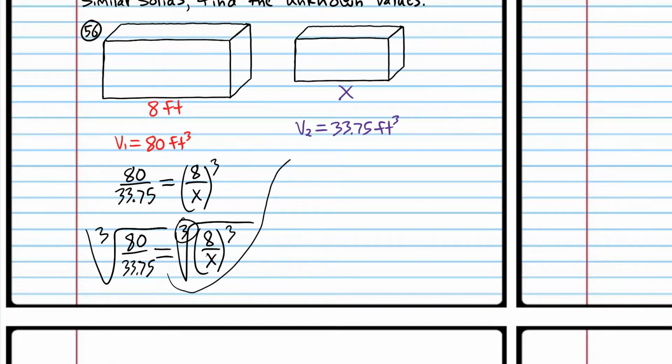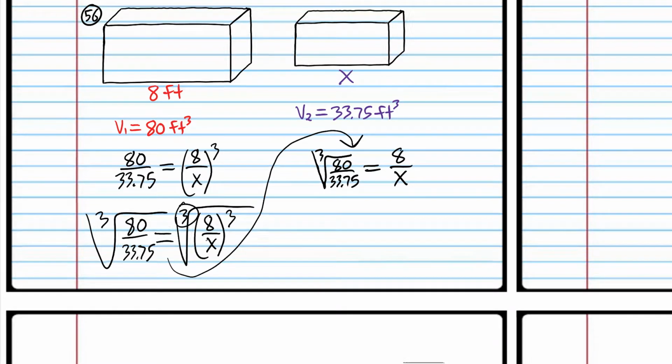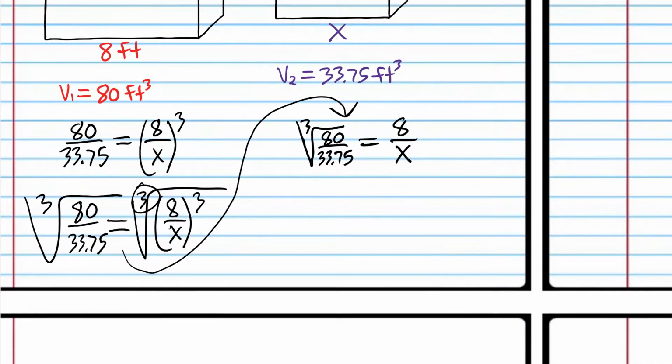When I continue up here, we have the cube root. So the cube root of 80 over 33.75 is equal to 8 over x. Again, we just got rid of that cube on the 8 over x. So now you can get the calculator out, and I think that number is not going to be too painful to deal with.